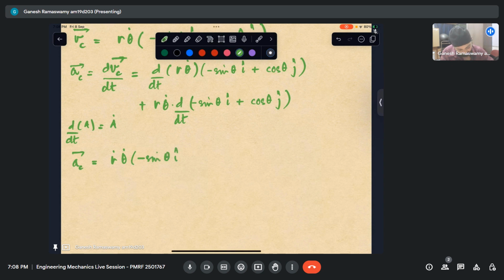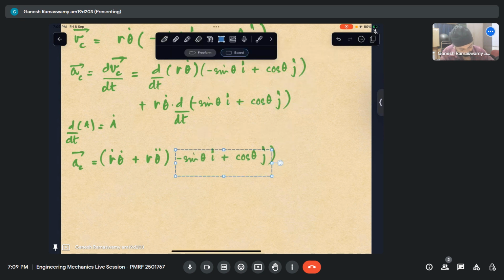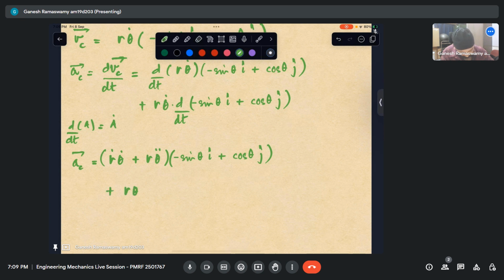So it will be r dot theta dot plus r theta double dot into this quantity, plus r theta dot into minus cos theta theta dot I minus sine theta theta dot j.